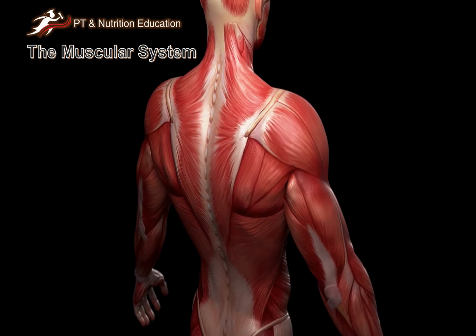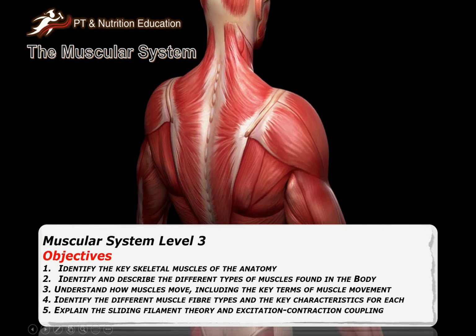And during the video you're going to be asked to pause and take part in some interactive tasks. Again, we advise that you do take part in these as it will help to consolidate your learning and increase your memory. So when it comes to the level 3 criteria, you may notice that the first 4 objectives have already been covered at level 2.